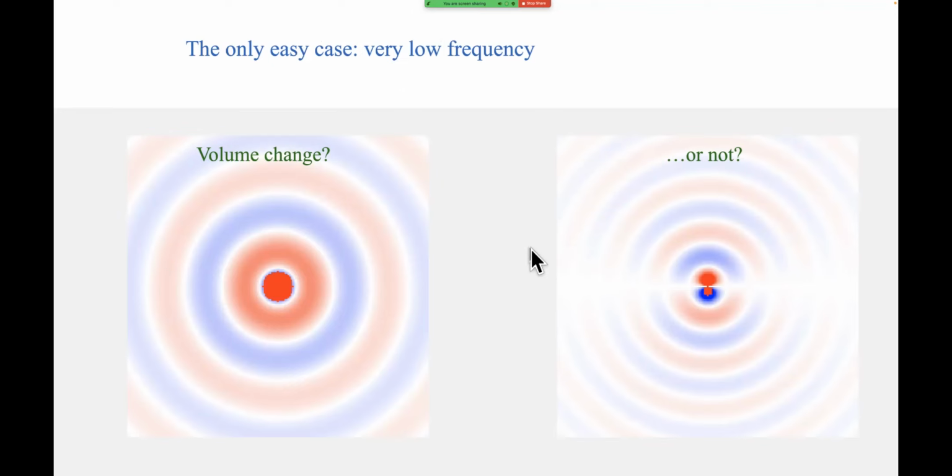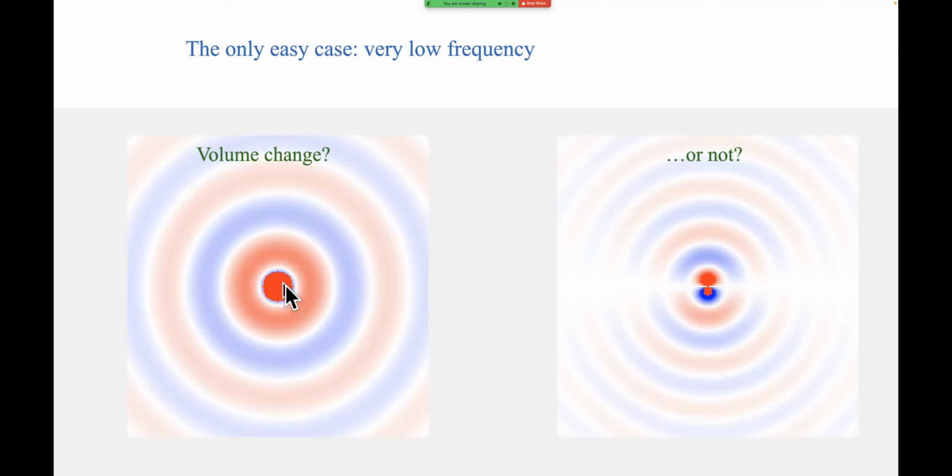And all we have to ask ourselves is, in the course of whatever that vibration pattern is, does the net volume change? If the net volume is fluctuating, then the sound field, once you get out in the far field, will be essentially exactly the same as this pulsating sphere case.